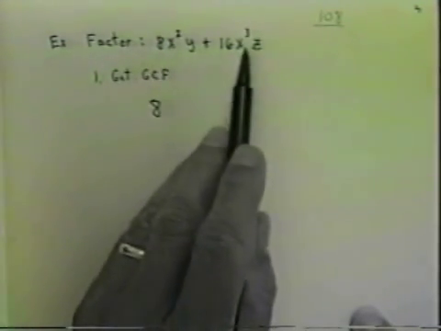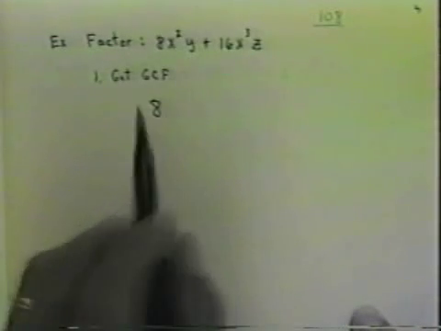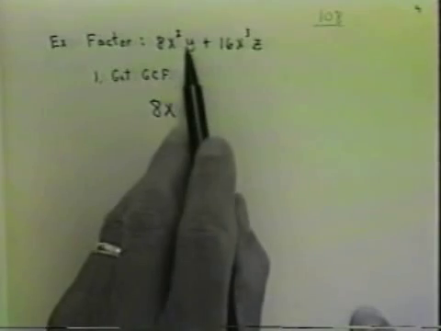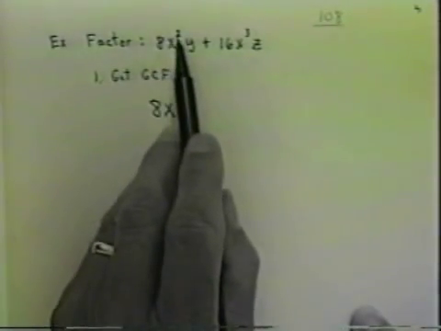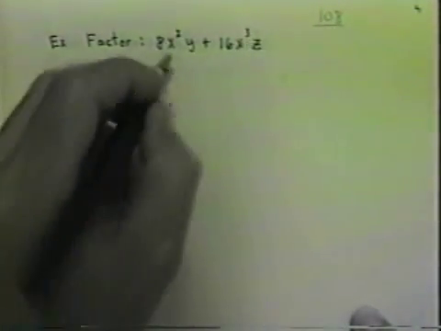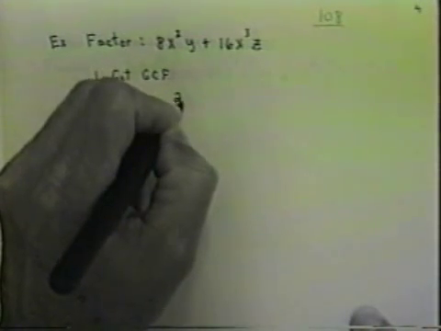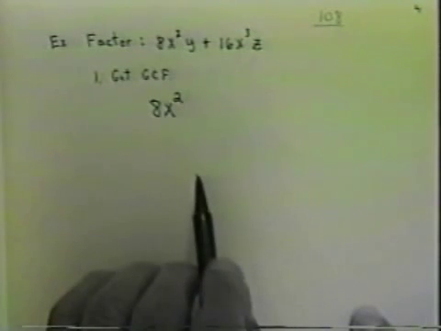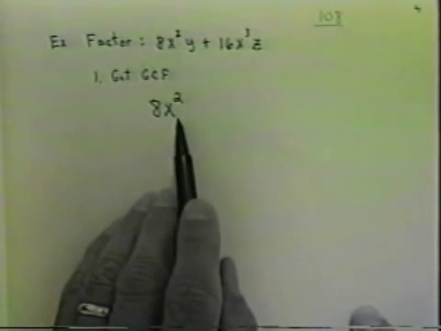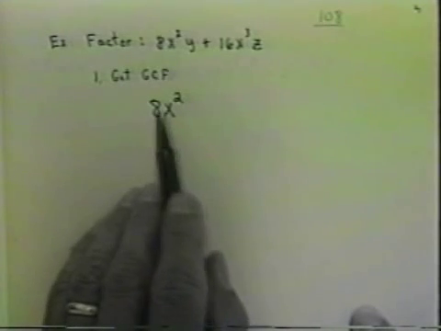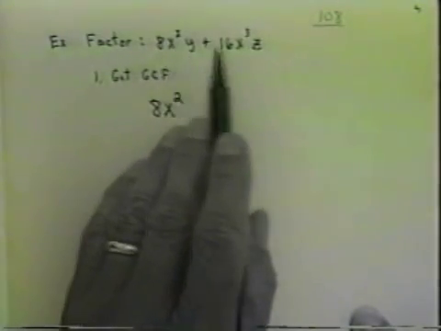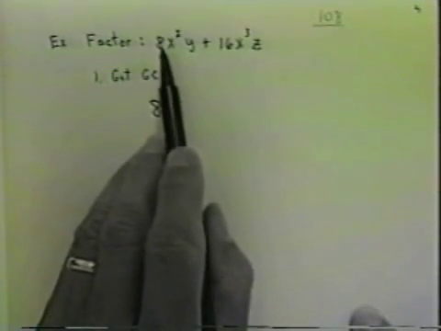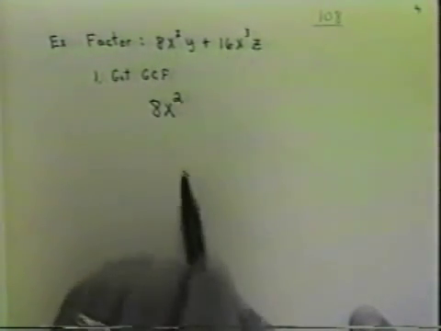Next, we want the variables in common. Both of them have an x, and that's the only variable they have in common. Now, I want x raised to the smallest of the exponents. Exponent 2, exponent 3, so I'll take exponent 2. The greatest common factor is 8x squared. 8x squared is the largest factor that would divide both of these. 8 is the largest number that will go into both 8 and 16.